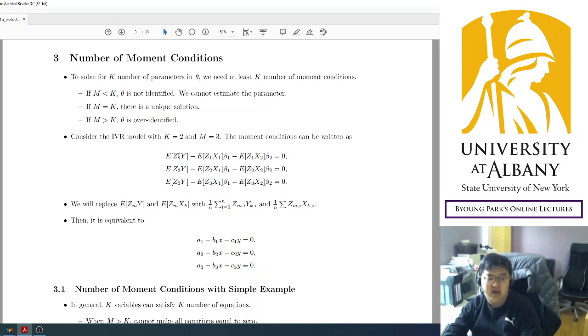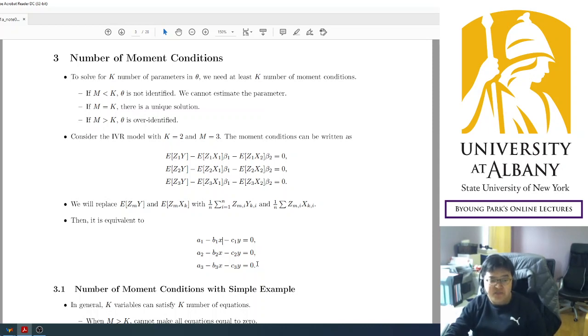So a1, a2, a3, b1, b2, b3, and instead of beta 1, I use x, and instead of beta 2, I use y. So a, b, c are estimated and available, but x and y are unknowns.